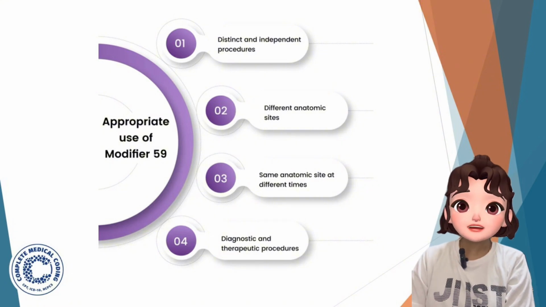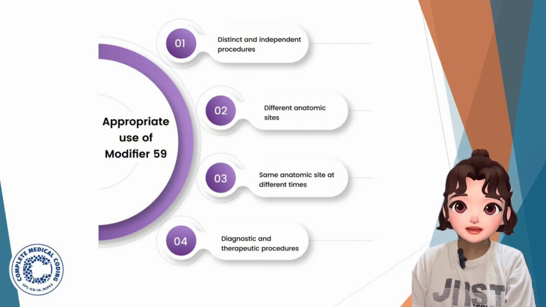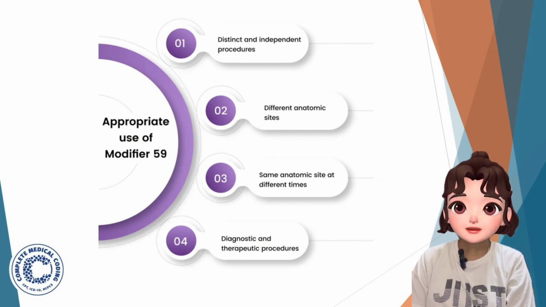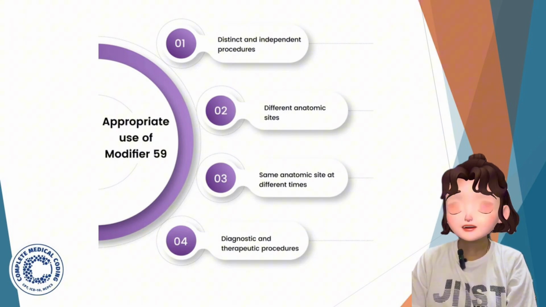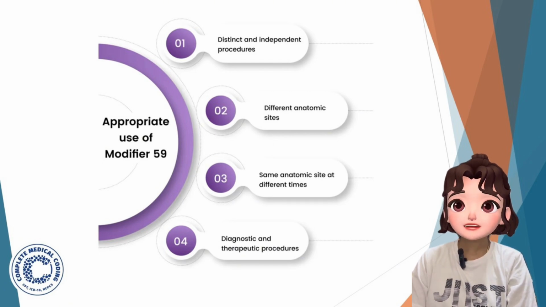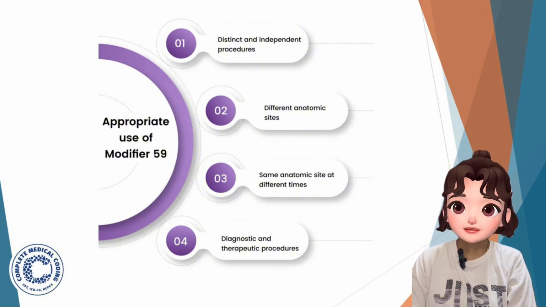Now, what is modifier 59? Modifier 59 represents a distinct procedural service. How and when will we use modifier 59? What is the appropriate use of modifier 59? It is for distinct and independent procedures. It's an independent procedure.